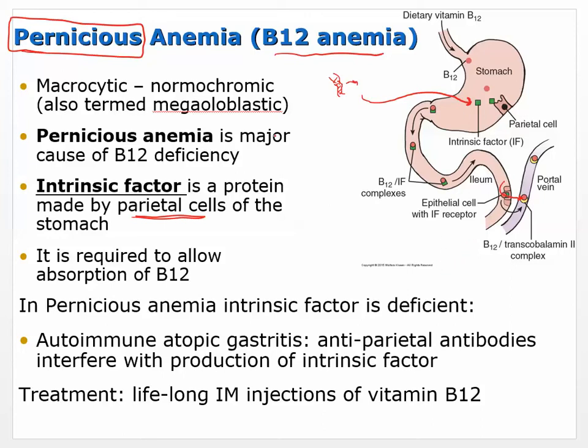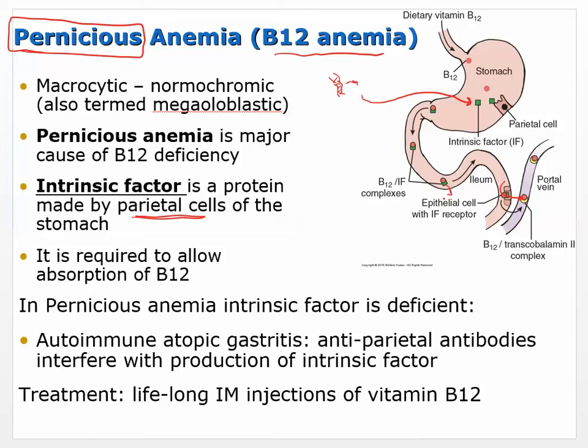Now, in the case of pernicious anemia, either the intrinsic factor isn't working properly, it's not doing what it's supposed to be doing, which is to help absorb B12, or you're not making it, or you're not making enough of it. So that means that you're not absorbing B12.